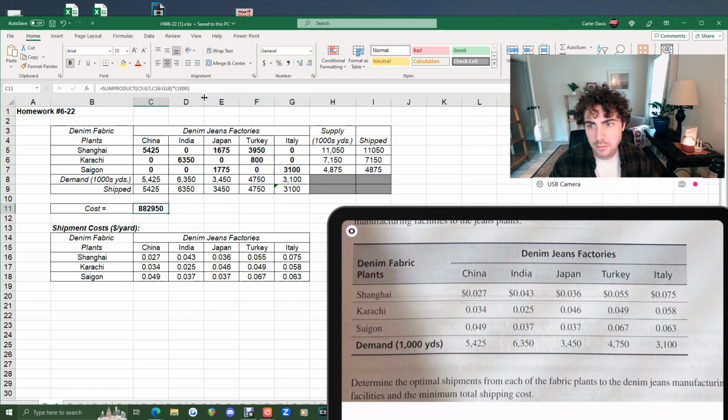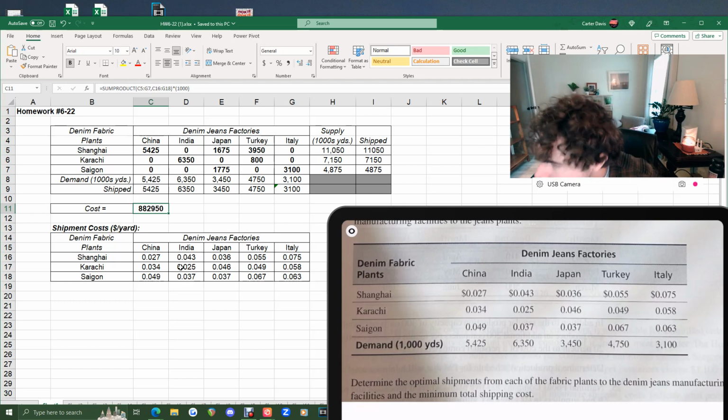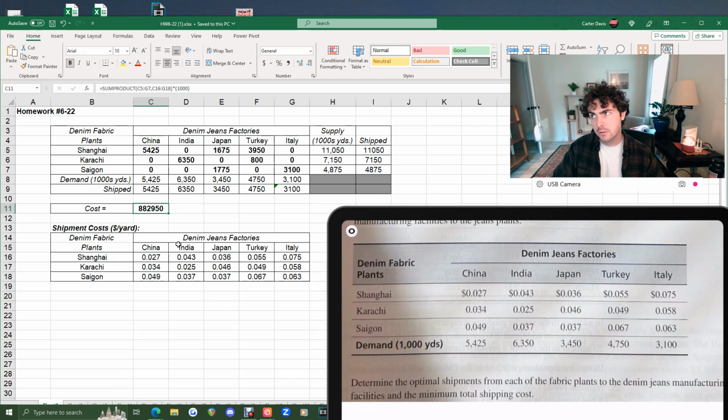Now I'm curious, why'd they multiply by 1,000? Interesting. I think because this is the cost per yard, they might have multiplied it by 1,000 to make it the cost per 1,000 yards. That might make sense, actually.